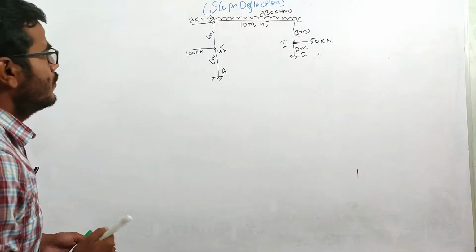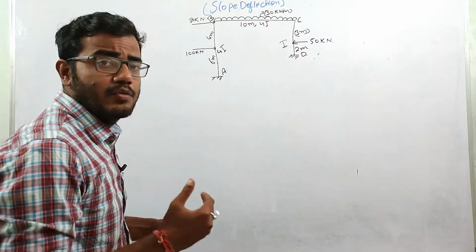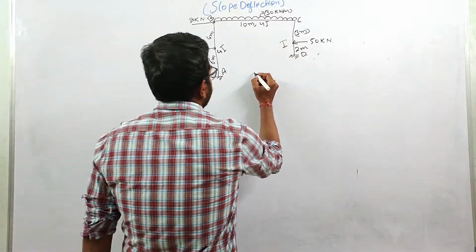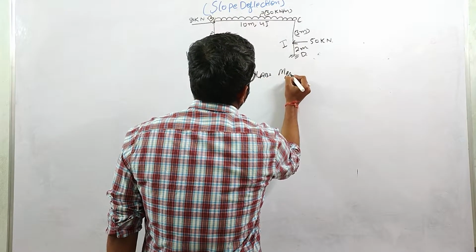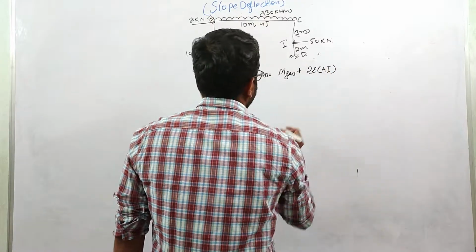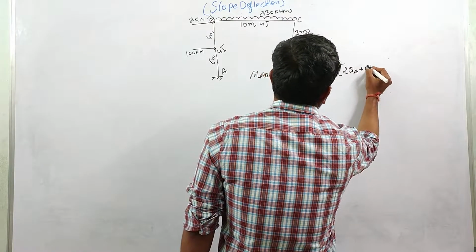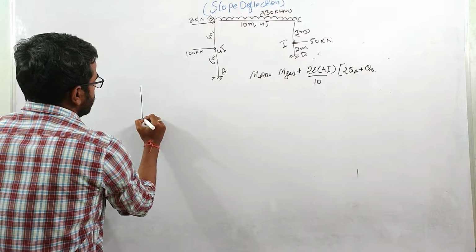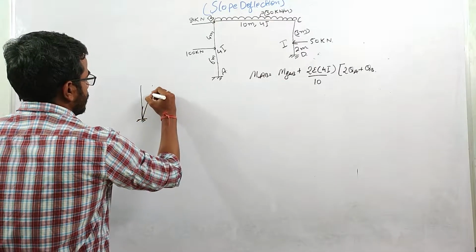Before solving this problem, let us first write the slope deflection equation which is available to us: M_AB equals M_FAB plus 2EI over L, where I here is 4I, L is 10, times twice theta A plus theta B. This member can sway, so it will deflect like this.